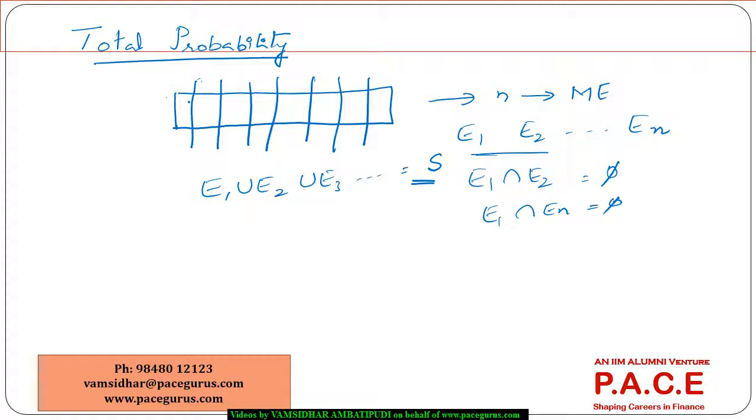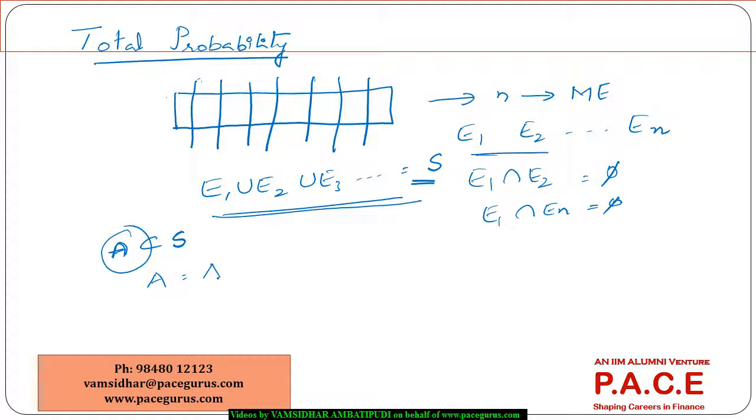Now, let me bring in some additional event A, which is a subset of S. I am bringing in some external event A. Now, I can very well write A as a combination of all these things.